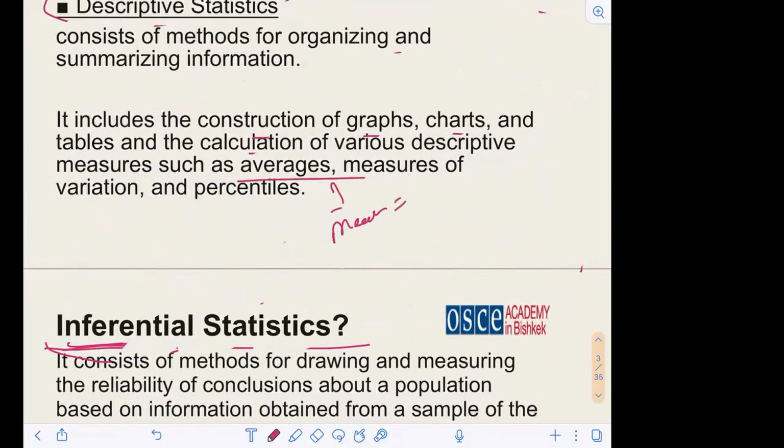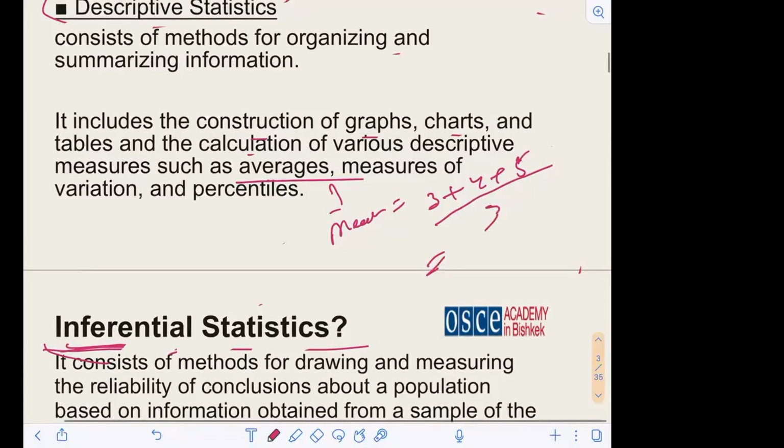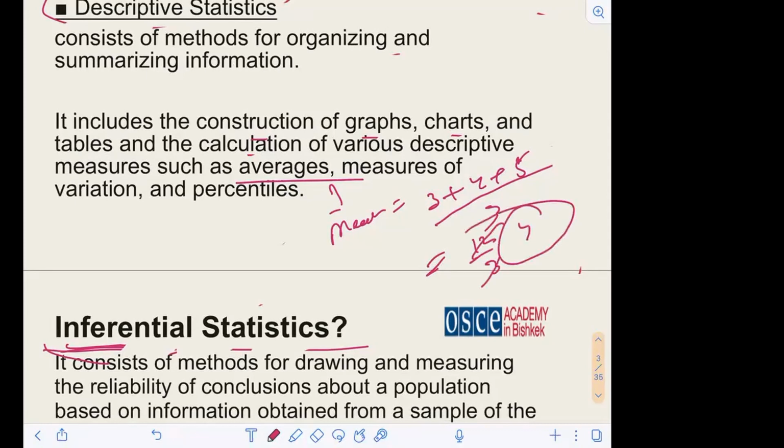For example, there are three people, and their scores out of 10 are 3, 4, 5. If I ask you the average, you simply calculate 3 plus 4 plus 5 is 12, and the average score is 4. So this is the mean. Descriptive statistics includes averages, but I have used the word averages, not average.